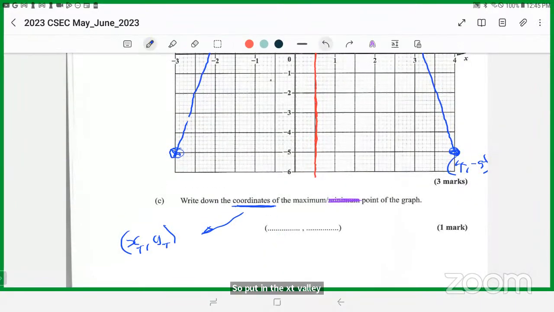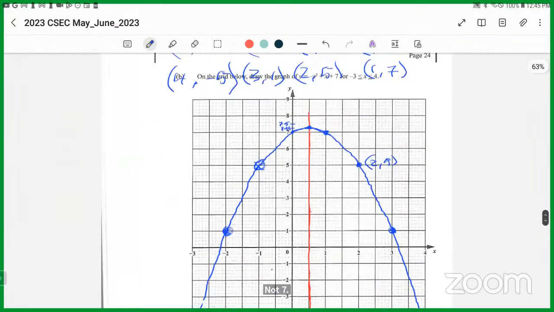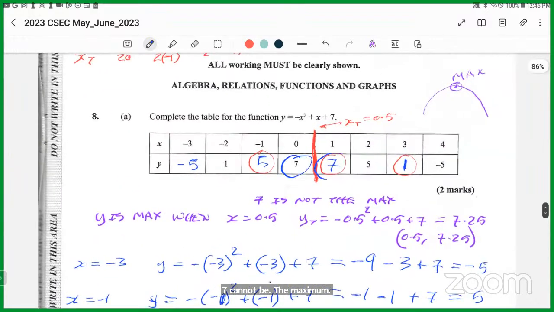At the vertex, this is 0.5, 7.25, not 7. 7 cannot be the maximum, but 7 is a y value at 2 different points, here and here. So 7 cannot be the maximum. The maximum occurs at one single point only. At that one single vertex point, the graph has only one axis of symmetry, and the vertex is on that point. That finishes that question.